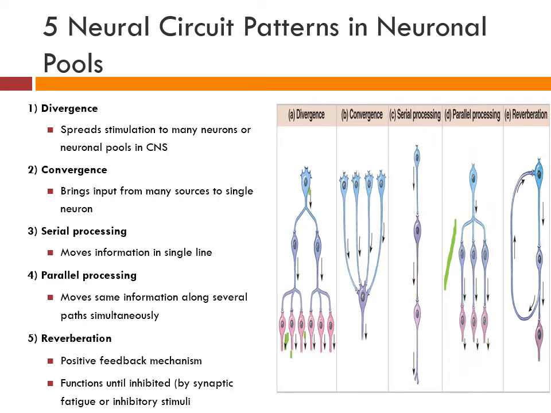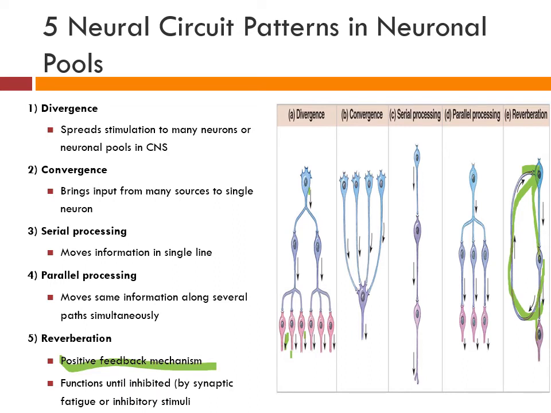And then our last one is reverberation. And reverberation is a positive feedback mechanism. So what reverberation does is you have one neuron that's going to stimulate a second neuron, and that second neuron is going to stimulate a third neuron, but it's also going to have a branch that goes back and re-stimulates the first neuron.